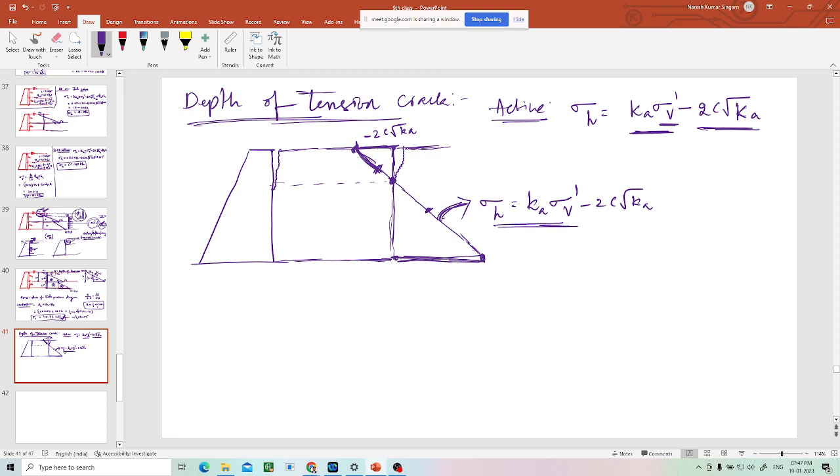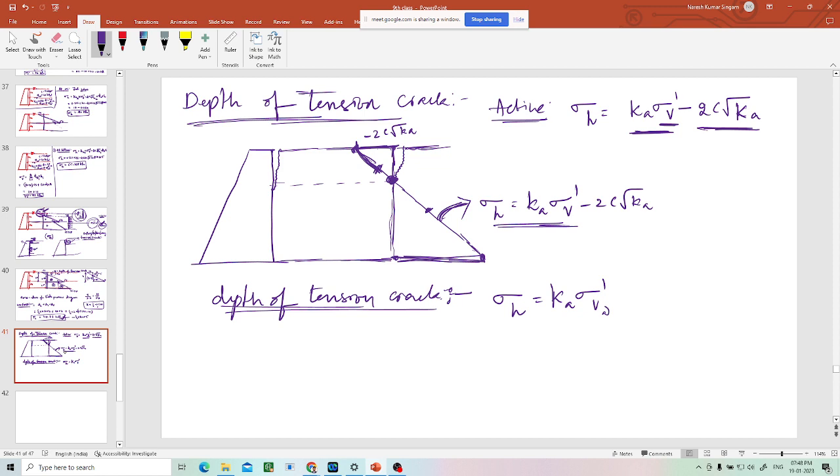Now if somebody asks what is the depth of tension crack, it's easy, you just have to equate this equation to 0. Wherever this equation becomes 0, that is the tension crack. So let us make that equation 0.